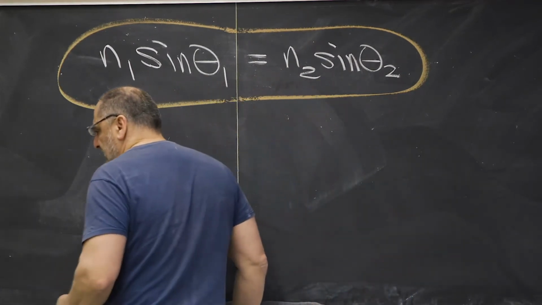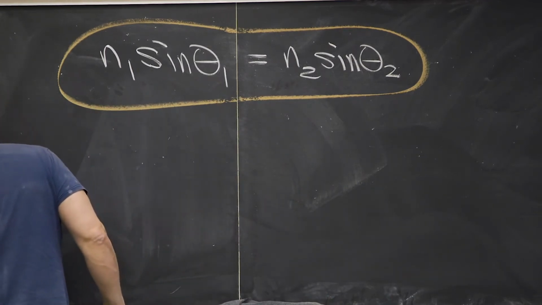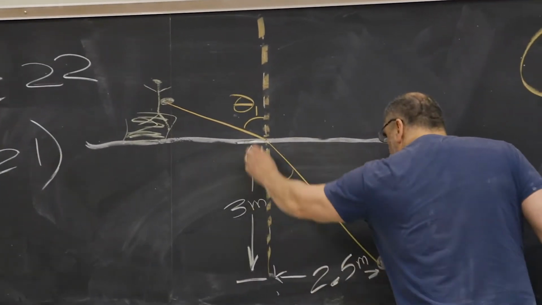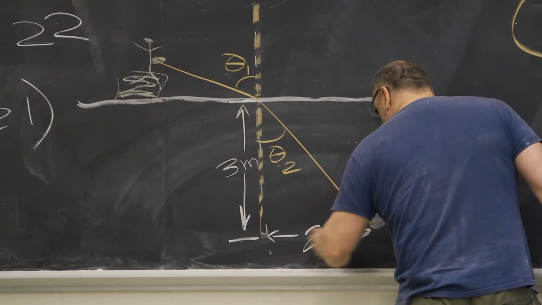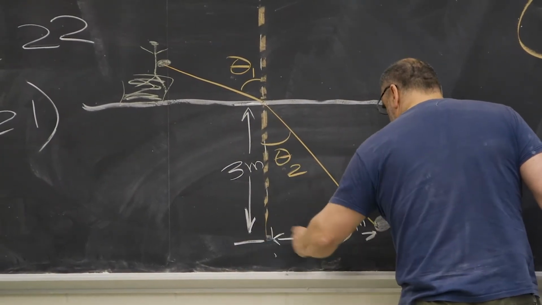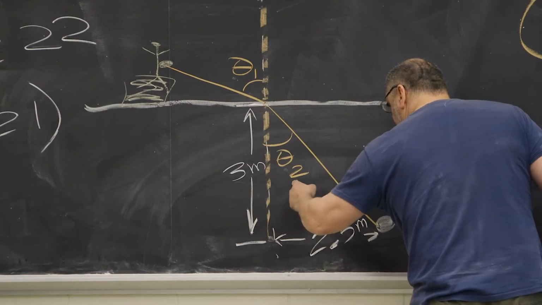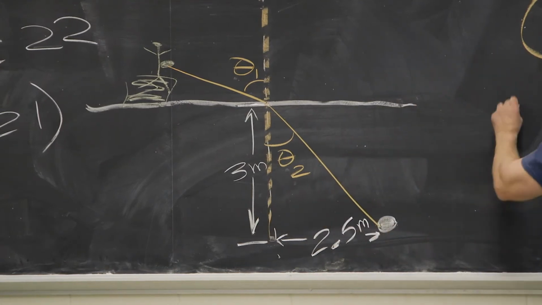Let's do a couple things. First of all, there's a lot of mathematics here. This is a side which is 2.5 meters long. This is another side which is 3 meters long. The opposite over the adjacent will give you the tangent of theta 2.